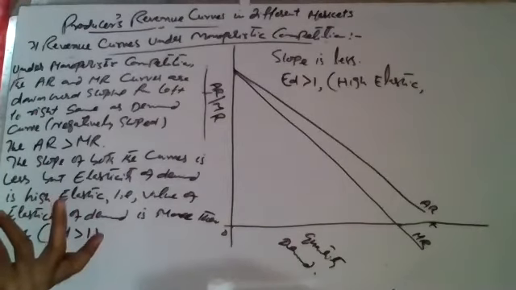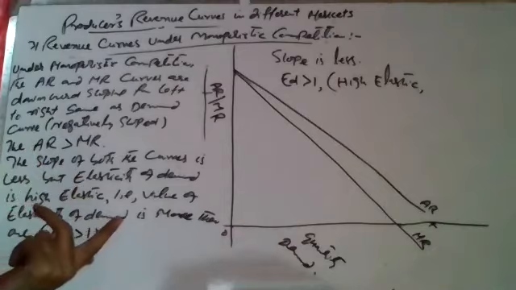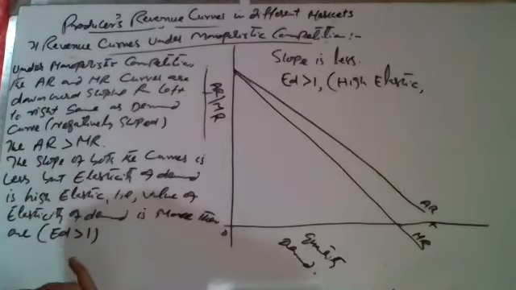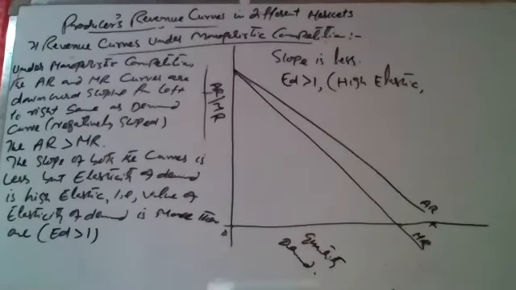Because the substitutes are easily available. In monopoly, the substitutes are not easily available. That is why elasticity of demand is less. So this is the difference between monopoly and monopolistic competition with respect to average revenue and marginal revenue.